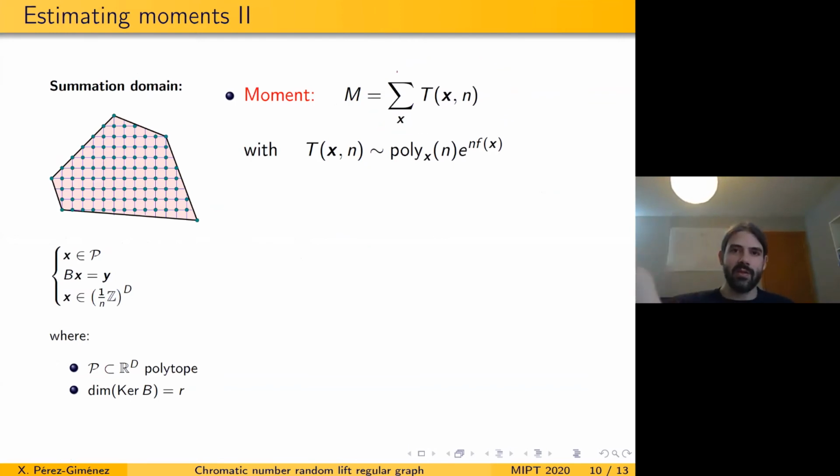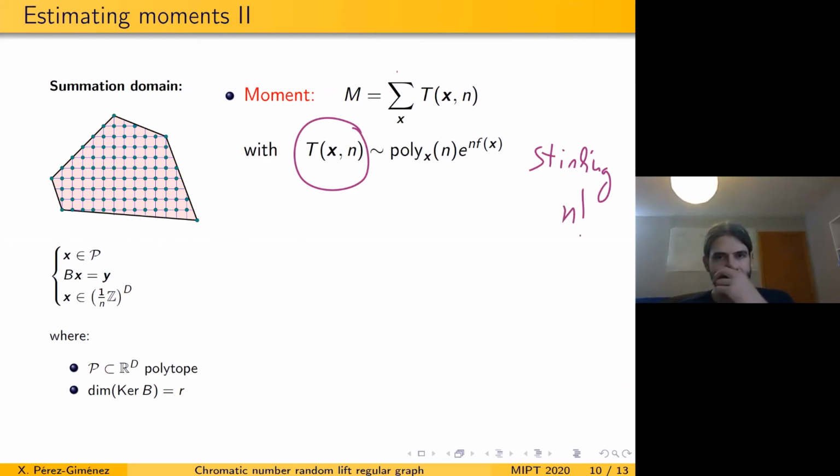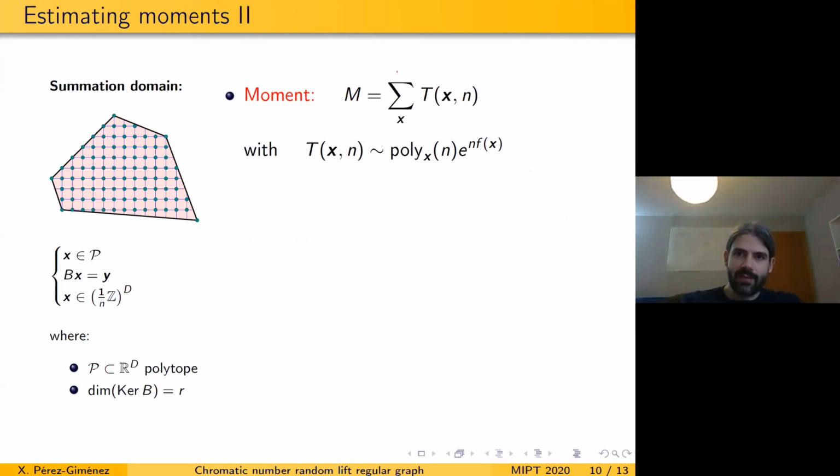The first thing we can do is get rid of all the multinomials and factorials using Stirling's formula for approximating the factorial, and we turn the terms into something that looks like this: some exponential part and some polynomial part. But the exponential part contains an n, and this is a function that does not contain any n's. So this is a function of x, where x lives in this domain here.